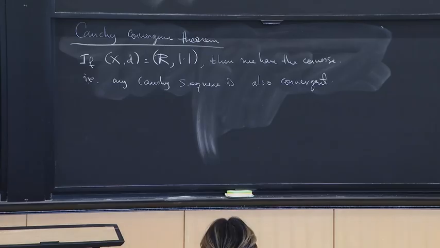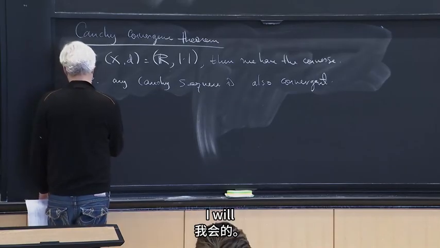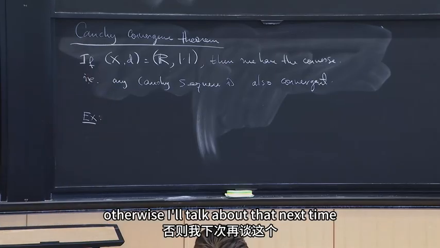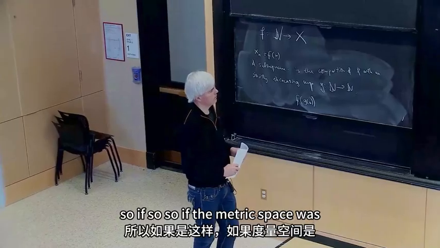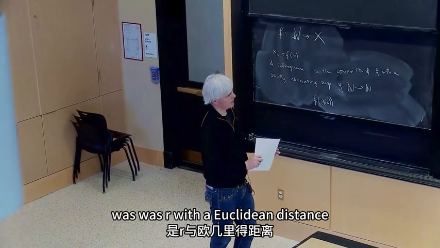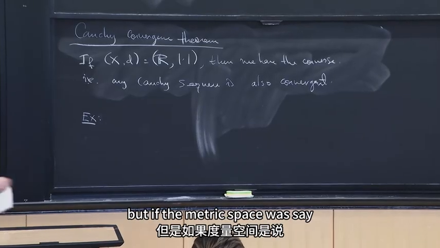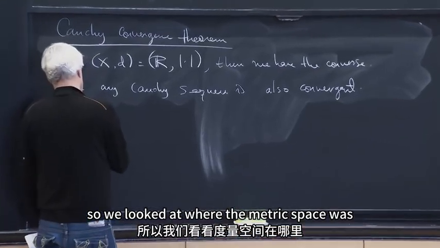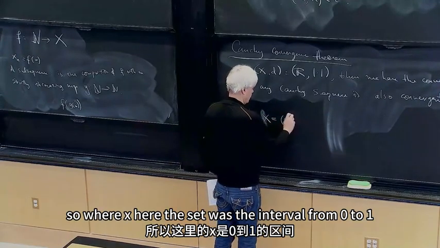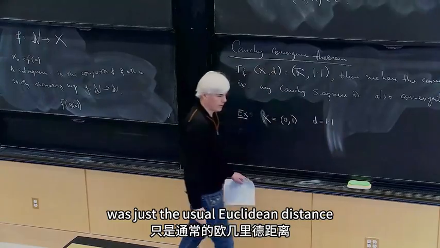Now we looked at a very simple example, and if I have time, I will talk about a little bit more interesting example. Otherwise, I'll talk about that next time. So if the metric space was R with a Euclidean distance, well, then we had a converse. But we looked at where X, the set, was the interval from 0 to 1, and the distance here was just the usual Euclidean distance.